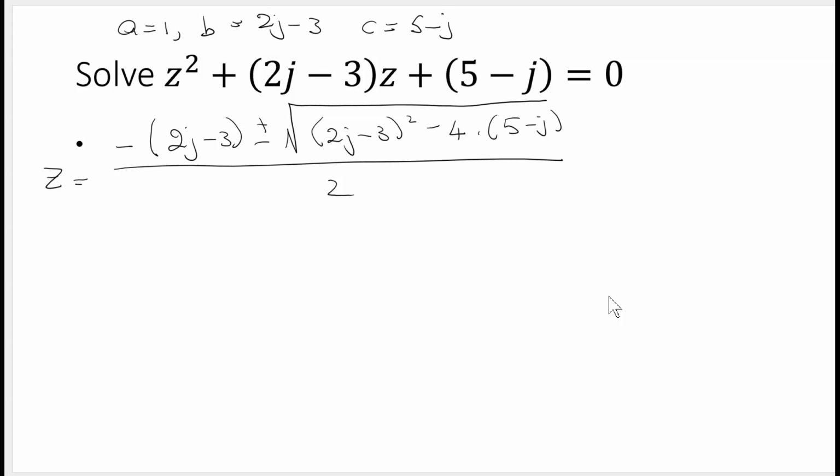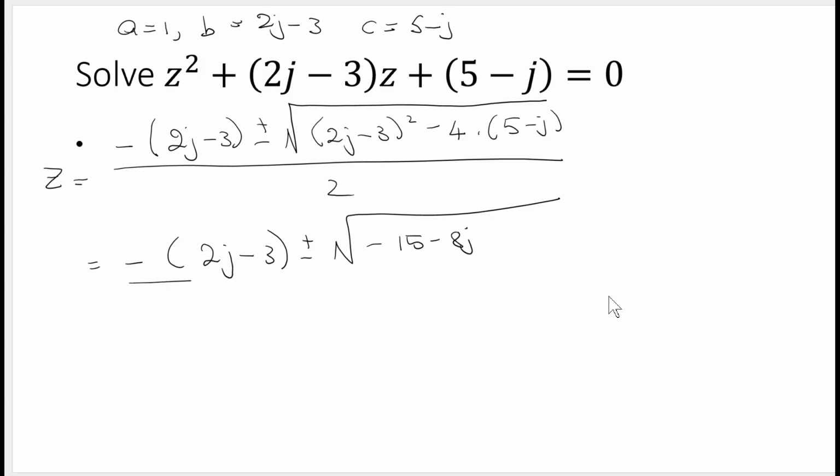Now, if we expand the brackets under the square root sign and subtract off 20 plus 4j, we get negative 2j minus 3 plus or minus the square root of negative 15 minus 8j, all over 2.